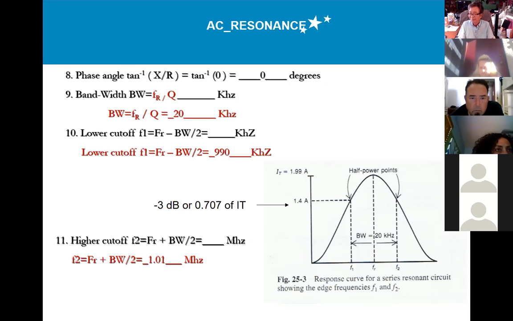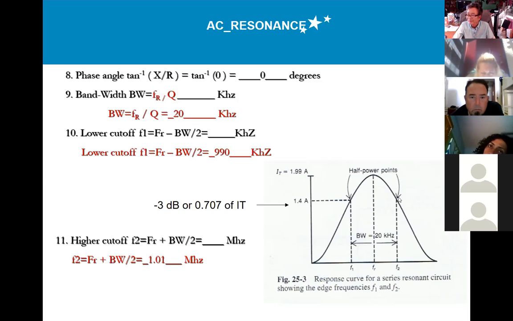However, minus 3 dB is just telling you they are down to 70.7%. You cannot use minus 3 dB to do your calculation. So if you want to know what the voltage or the current is at that point, you have to take 199 times 0.707. And also, they get another, upper frequency right at this point.